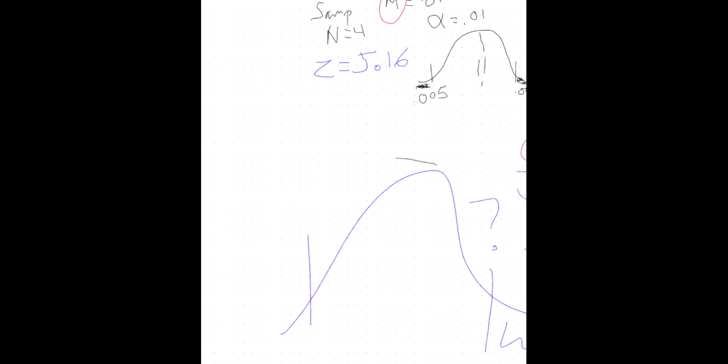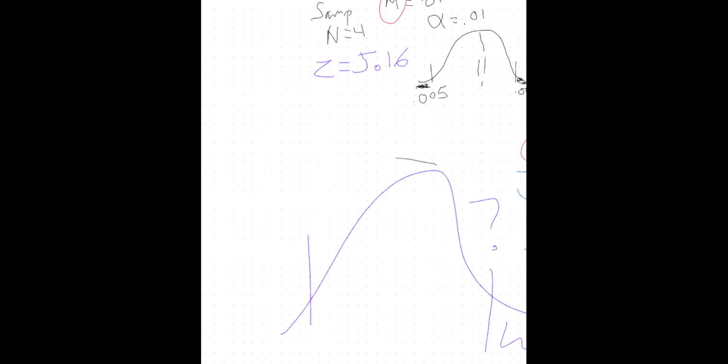What is the range of alpha? Can we have a negative alpha? Have we ever seen one? I don't think so. What was the highest it could be? Yes, 1. So alpha ranges between 0 and 1.